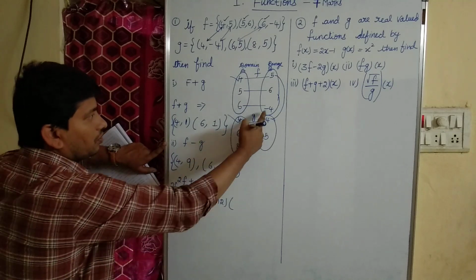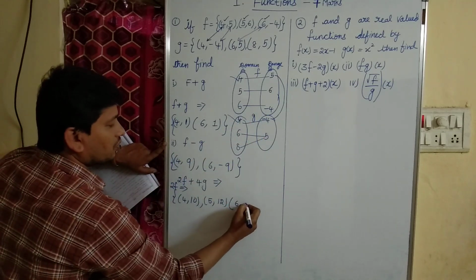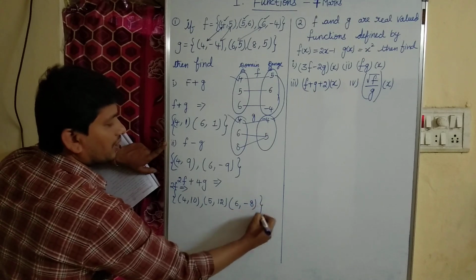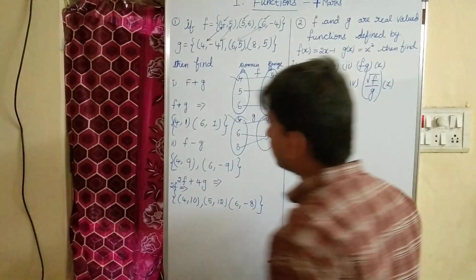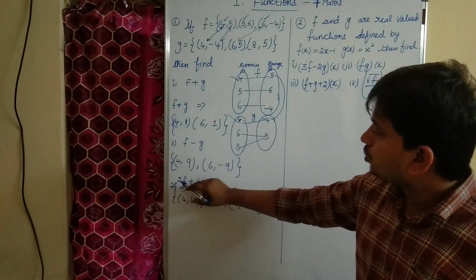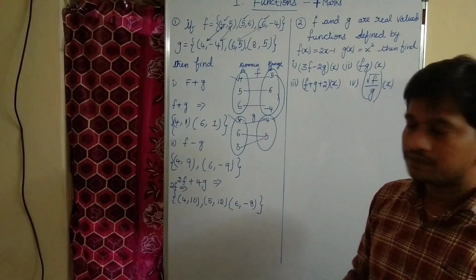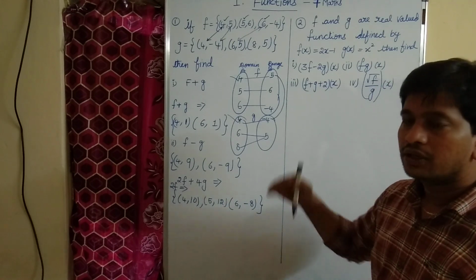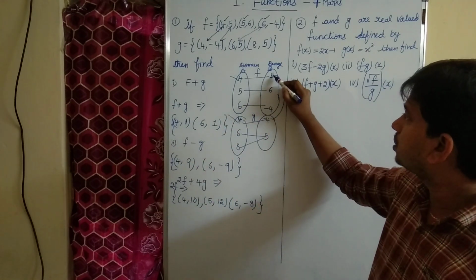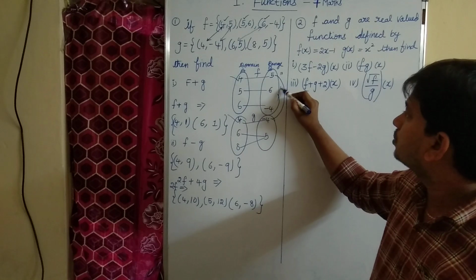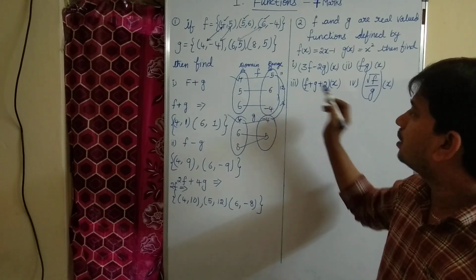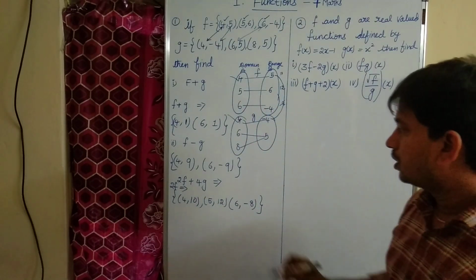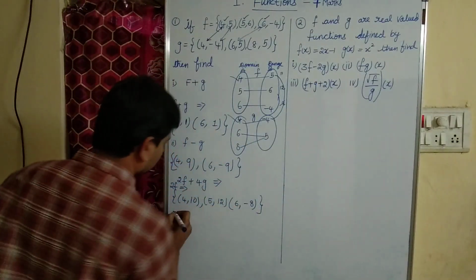Now 2 into -4, 6 as it is, 2 into -4, -8. Children, did you understand? Actually, here they are asking to find out 2f first of all. Let us find 2f. Domain as it is 4, 5, 6. Then 2 should be multiplied to its range. 2 fives are 10. 2 sixes are 12. 2 fours are -8.